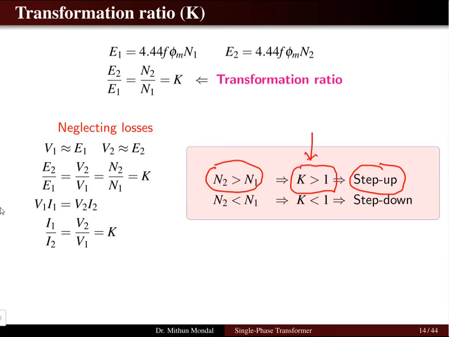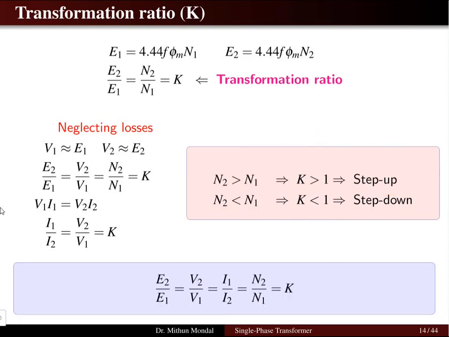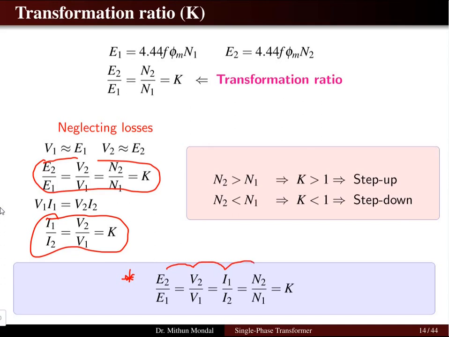And for the reverse process, that is the step-down transformer, N2 is less than N1, which means the K value is less than 1. If we arrange the equations of the voltages and the currents together, we find one ratio proportion where E2 by E1 is equal to V2 by V1 is equal to I1 by I2 is equal to N2 by N1.